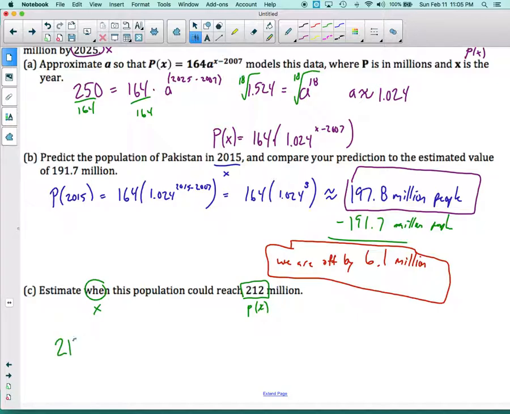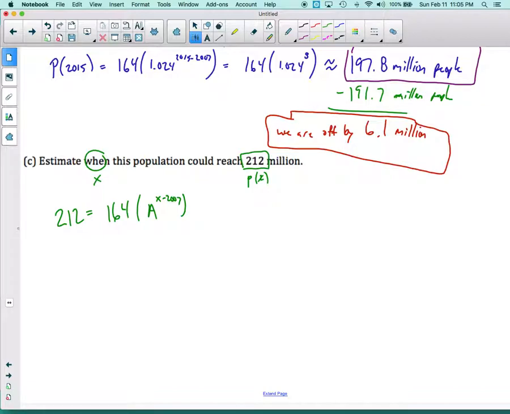So 212 equals 164 times a to the x minus 2007. So we need to solve for x. Remember, a is this value here that I plugged into the calculator. So I want to get x by itself.